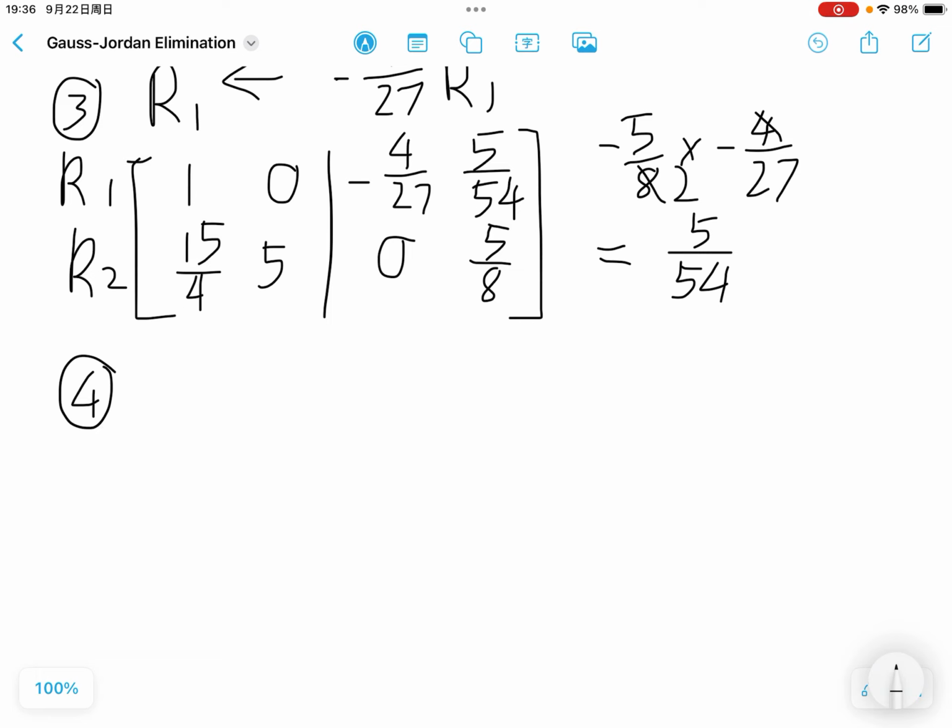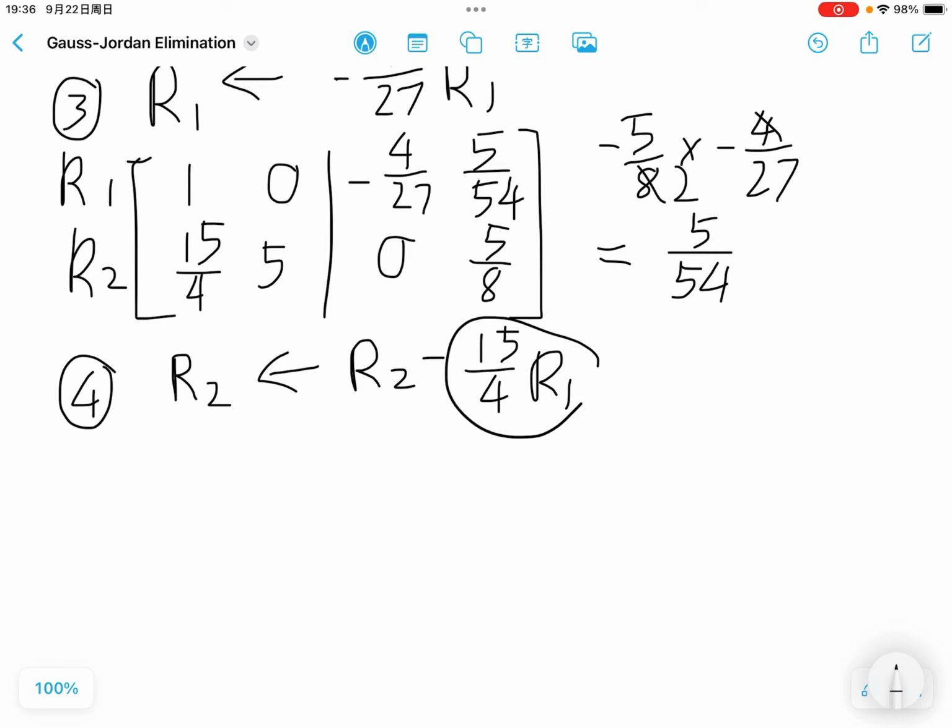So how do we let this become 0? Essentially what we need to do is row 2, so we replace row 2 by row 2 minus 15 over 4 times row 1. So 15 over 4 times row 1 gives 15 over 4, 0, and 2 other elements.